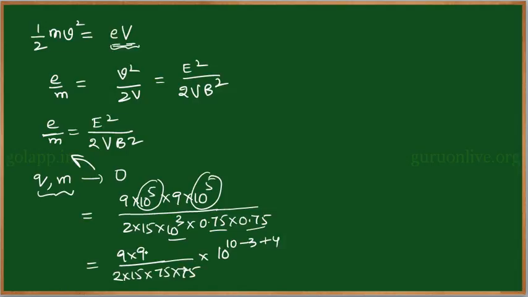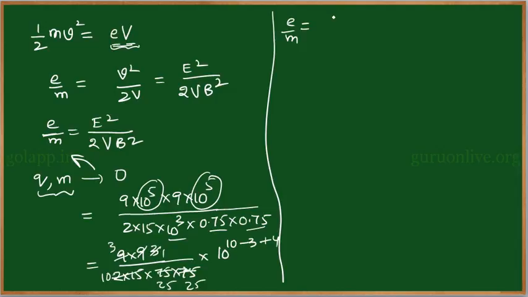Now, 3 3s are 9, 3 10s are 30, 3 1s are 3, 3 25s are... So on a whole you will get 3 by 25 into 25, and this 10 will become 10 to the power of 1 here.